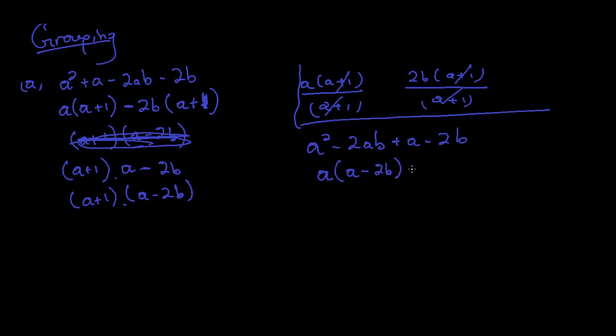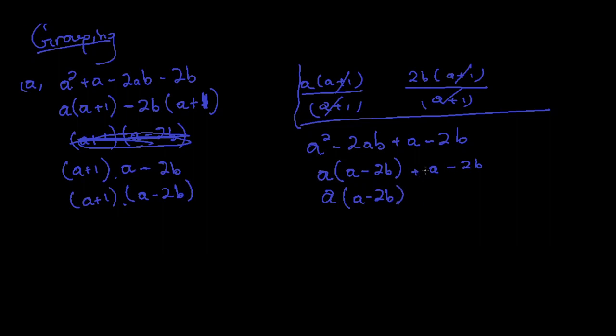Then here, in this case, it's plus a minus 2b, so I'm going to leave it as it is. Let me drop this down into a minus 2b.